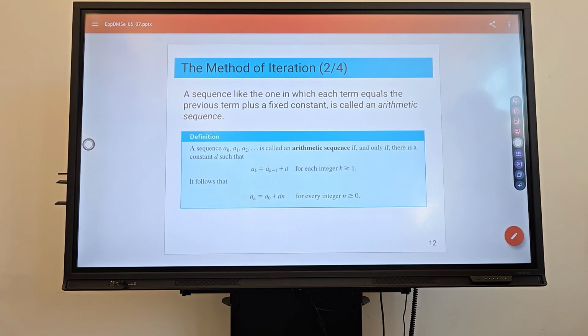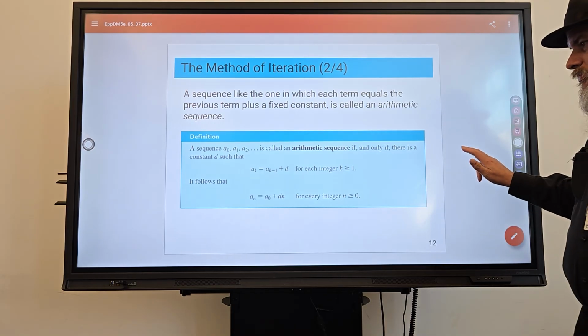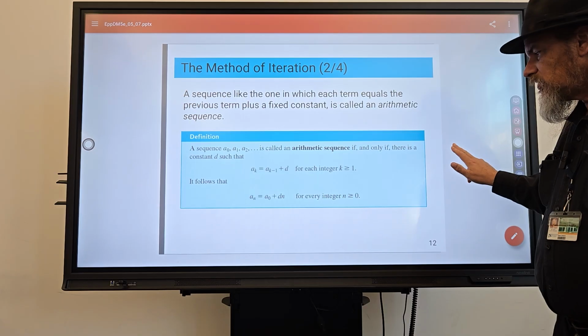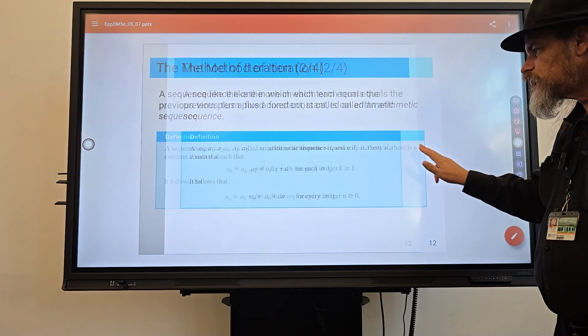It follows that a sub n equals a sub 0 plus dn for every integer n greater than or equal to 0.